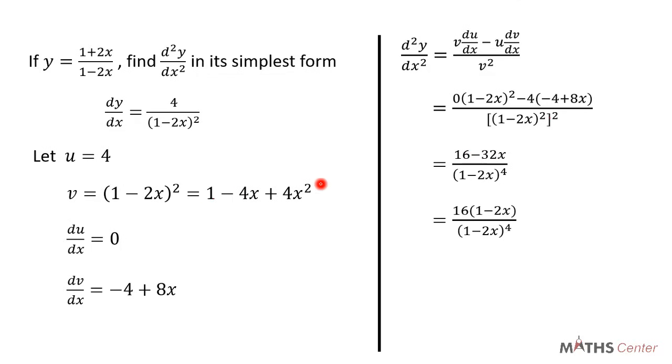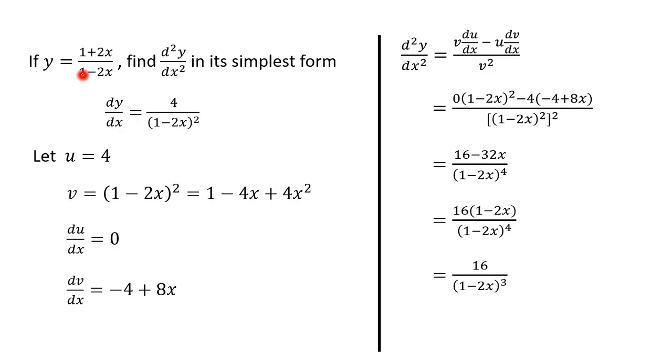When you factorize it, you have 16 into bracket 1 minus 2x. And this will be divided by 1 minus 2x exponent 4. 1 minus 2x on the numerator can cancel one of the 1 minus 2x on the denominator. And when you do that, you have 16 divided by 1 minus 2x exponent 3.